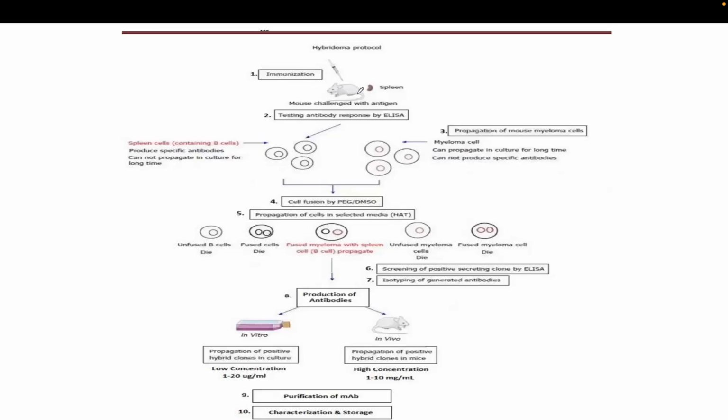Firstly, we have to immunize the mouse with the antigen against which we want to raise the monoclonal antibody. Okay, then we have to isolate the myeloma cell. Okay, and after isolation of the myeloma cell, we have to fuse through PEG and DMSO. Okay, when these two cells are fused, then there are different probabilities of cells.